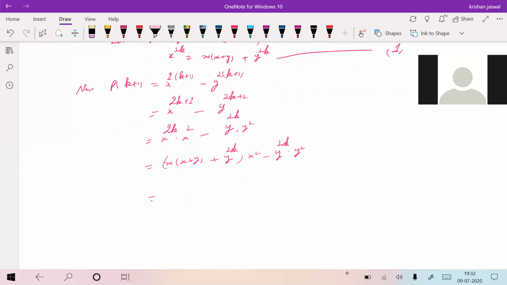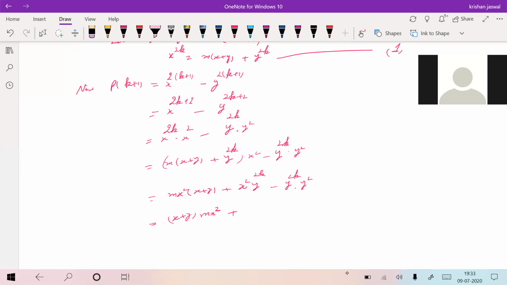Now multiply it with x square: m into x square into x plus y, plus y power 2k into x square, minus y power 2k into y square.